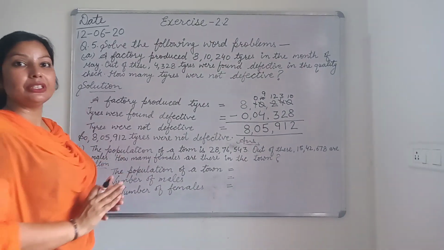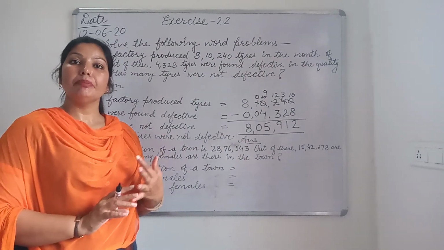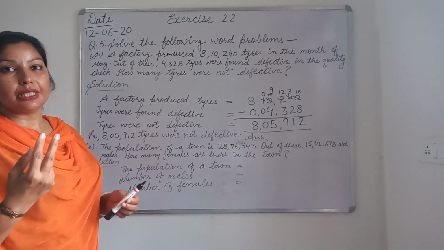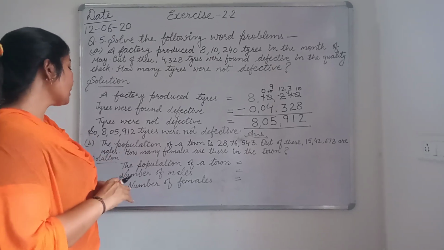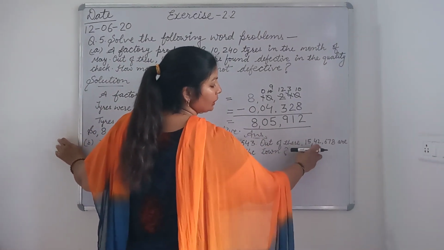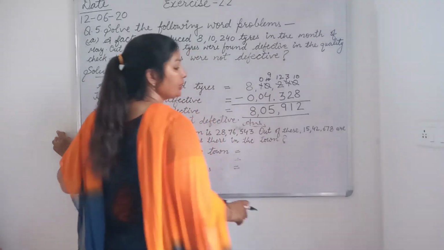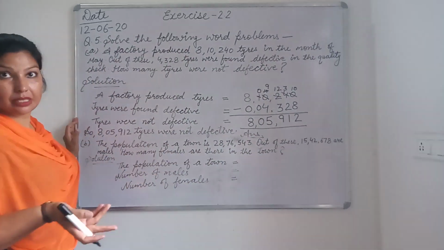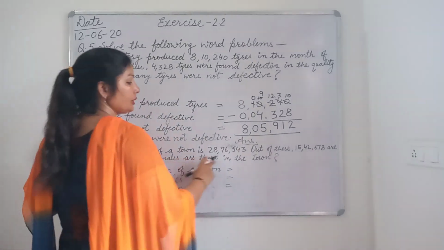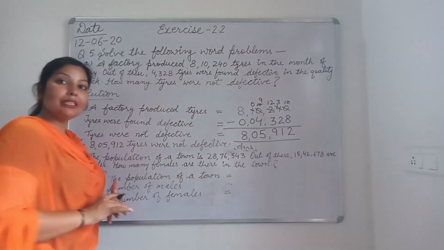In the population you know there will be males and females. There are two genders. Males are given here, 15 lakhs 42,678. Now it asks how many females are there in the town.